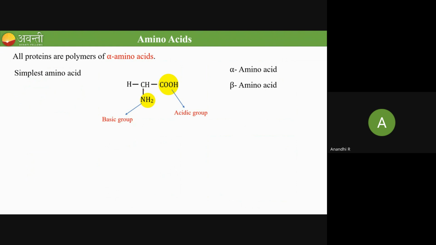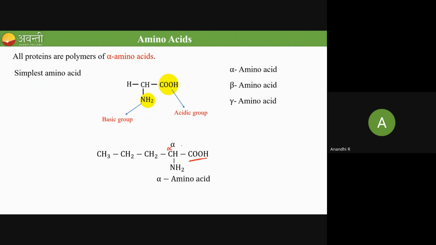There are different types of amino acids: alpha amino acid, beta amino acid, gamma amino acid, etc. What is called an alpha amino acid? The carbon adjacent to the carboxylic carbon is called the alpha carbon, and if the amine group is attached to that alpha carbon, then this is called an alpha amino acid.